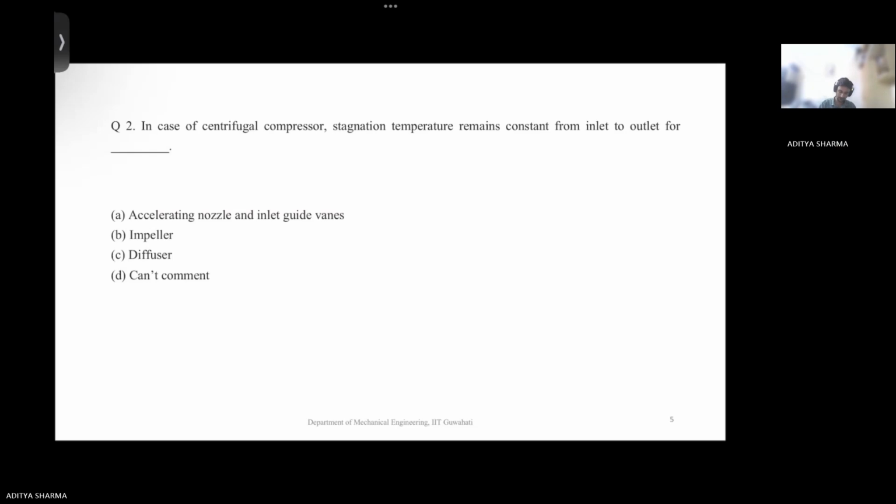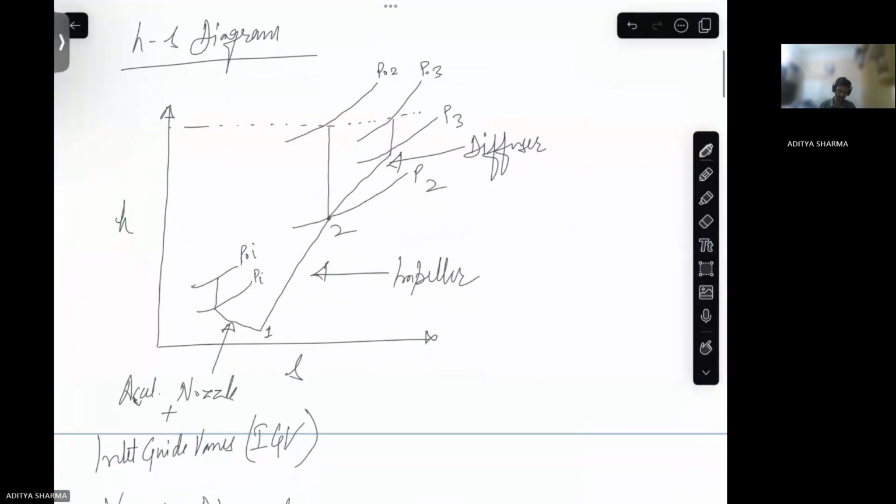So again, we will see the HS diagram. Here, if you see the second and third stage, so from second to third is for your diffuser. And for this part, the stagnation temperature or total temperature doesn't change. There is no temperature energy loss.